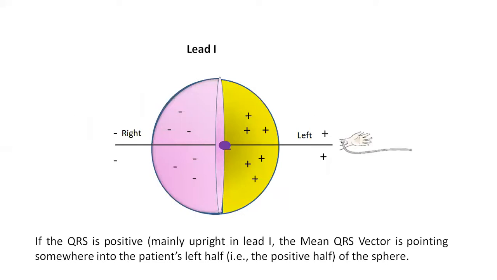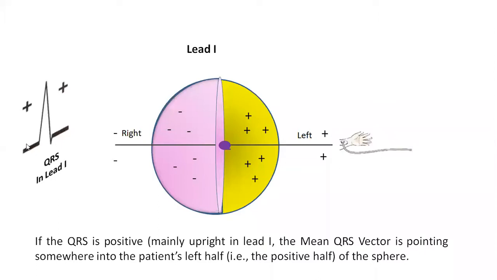Now in the case of lead 1, which we have discussed, if the QRS is positive, mainly upright in lead 1, the mean QRS vector is pointing somewhere into the patient's left half. In this sphere, you can see the positive is on the left side of the patient.